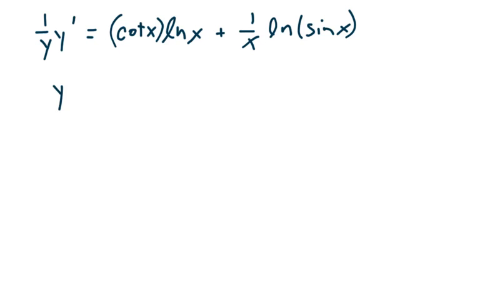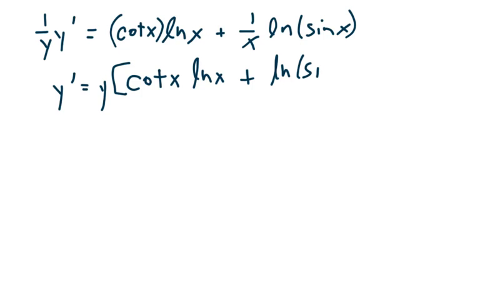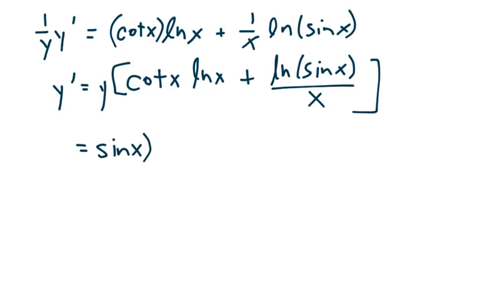And solving for y prime, we multiply both sides by y to get y times the quantity of cotangent x ln of x plus ln of sine of x over x. But y is equal to sine of x to the ln of x, so we can simply put that in here, and we're pretty much done.